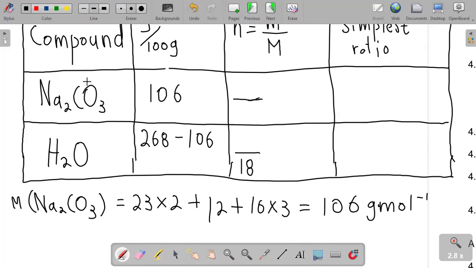So the molar mass here for sodium carbonate is 106. So it's going to be 106 over 106. So our answer here is 1. And then when we subtract, we get 162. So it's 162 divided by 18.